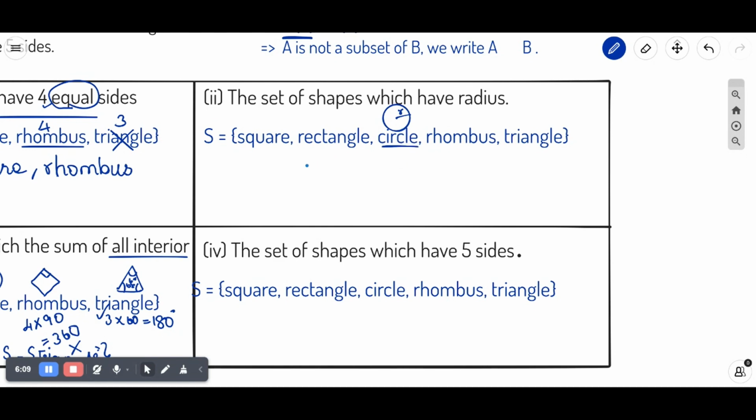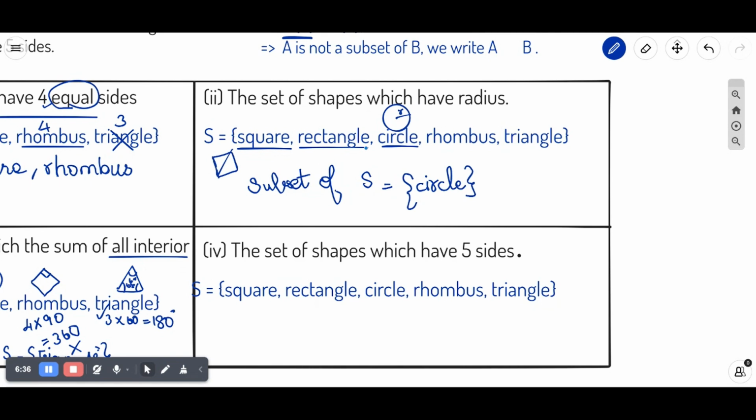So here our answer will be subset of S is equal to {circle}. And let us check why we are not getting the other elements of S in the subset. Square is like this. It doesn't have any radius. It has diagonals and sides and angles, but not a radius.